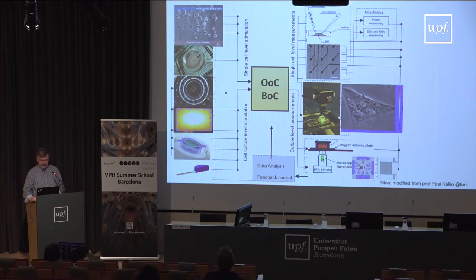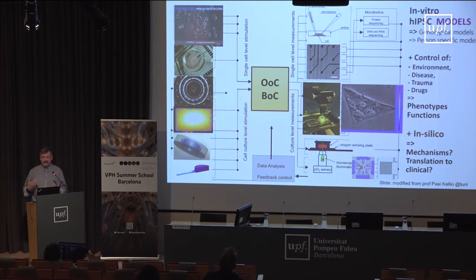So we could think that the in vitro models, especially if they are from a certain kind of patient, can be a genotypical model of a certain person or certain type of persons, or we can have a really personal model. And when we have the control and input system, we can control the environment. We could change the flow, we can change the oxygen, so we can have a disease.